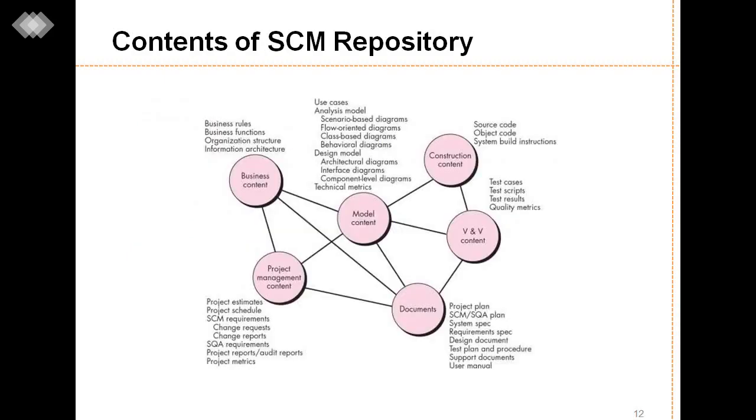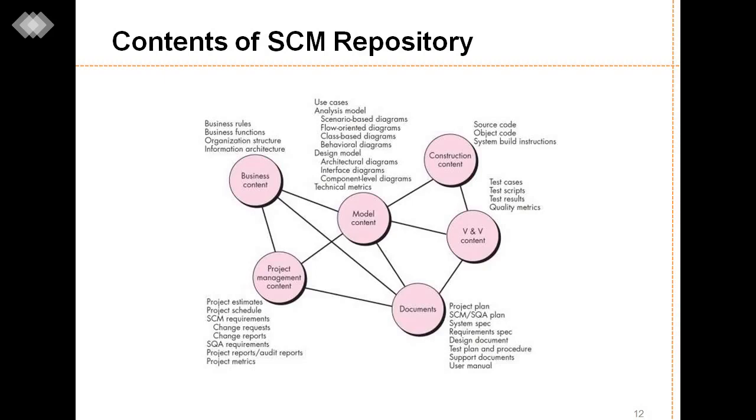Contents of the SCM repository are related to model contents, business contents, project management contents, construction contents, V and V, that is verification and validation contents, and last is the documentation.